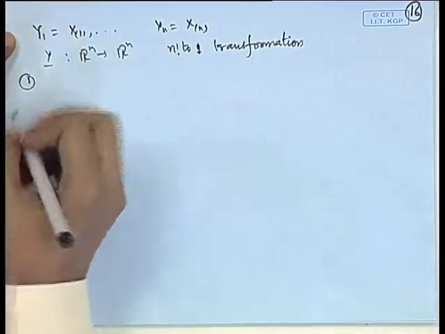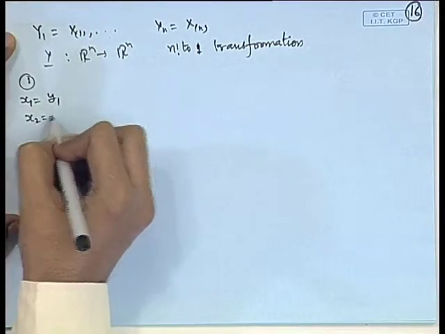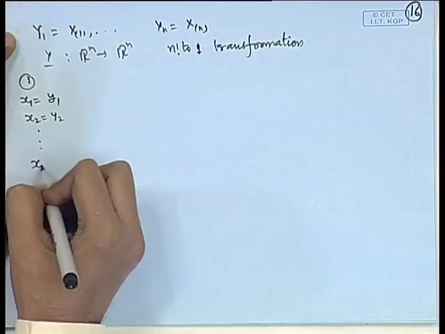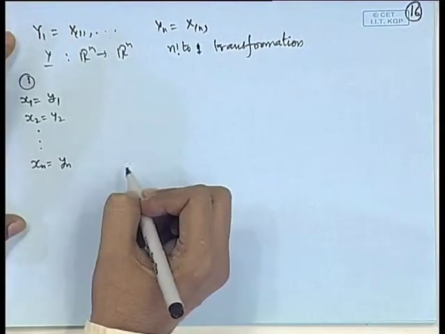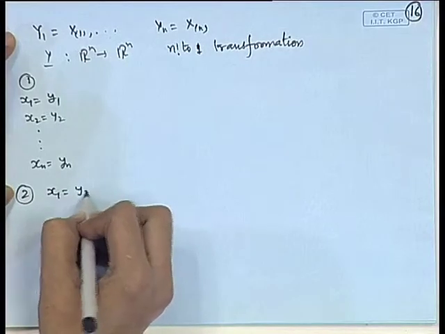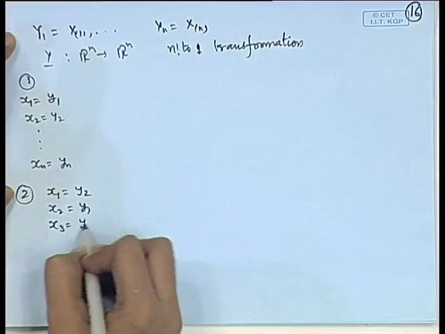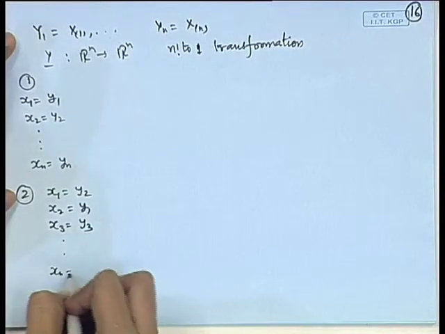So, in general y is R n to R n, this is an n factorial to 1 transformation. So, we can partition R n into n factorial different regions, so that from each region it is a 1 to 1 transformation. In region 1, for example, you may have x 1 equal to y 1, x 2 equal to y 2 and so on, x n equal to y n. In region 2, we may have x 1 equal to say y 2, x 2 equal to y 1, x 3 equal to y 3 and so on, x n equal to y n.